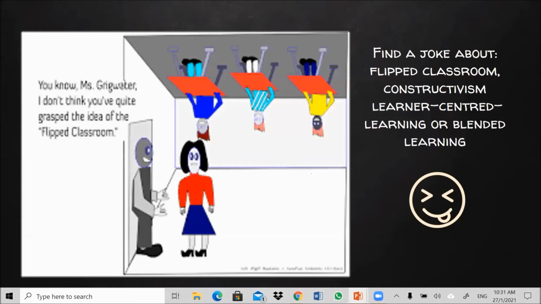It says, Miss Grigwater, I don't think you've quite grasped the idea of flipped classroom. And as you can see, she's flipped the class upside down. That's supposed to be funny. I don't find it very funny, and I'm hoping you can find a better one. With Google out there and people talking about these things, I'm sure there are better examples. I have one at the end I'm going to share with you, inshallah.